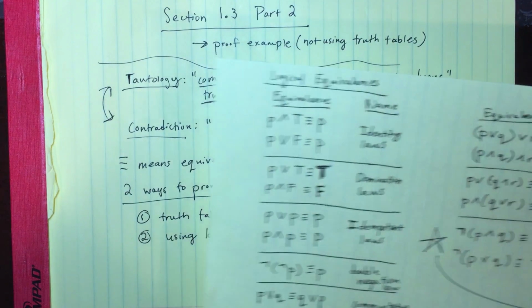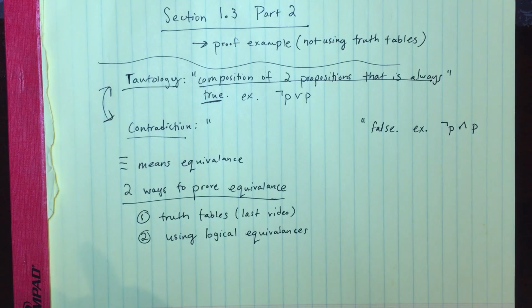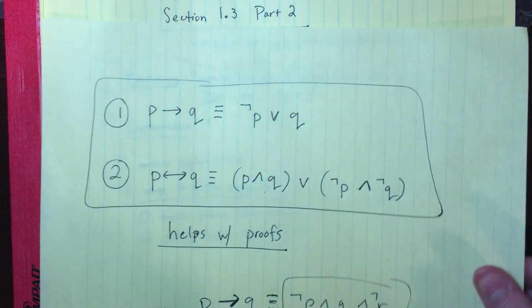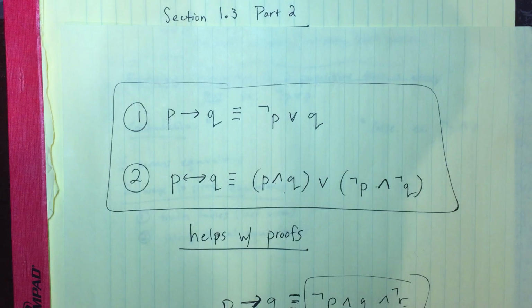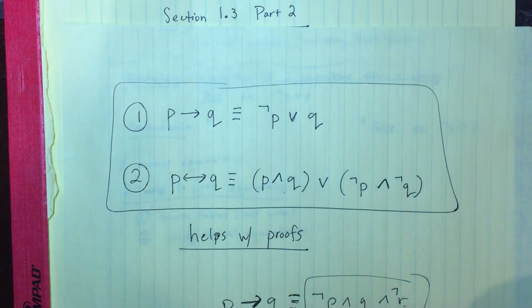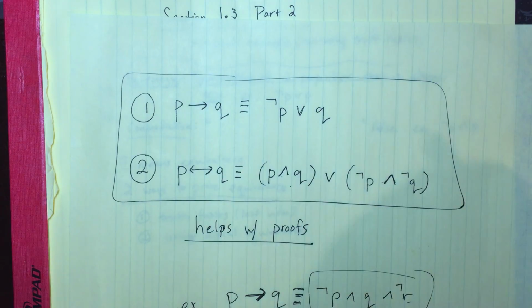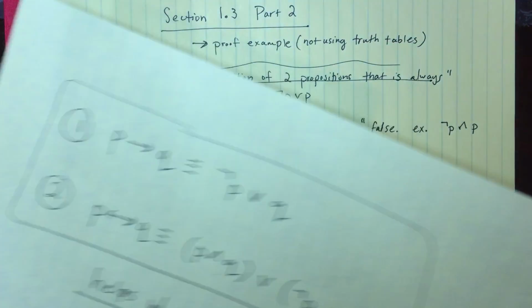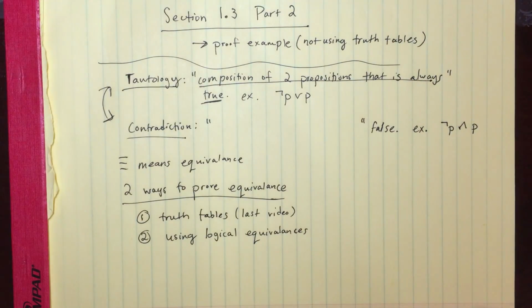So we're doing that type of example today. Also, there are two other logical equivalences you must know. We're not going to use them today, but in a majority of proofs that you're going to see on tests, you are going to use these. So make sure you memorize these. And the other ones, with more practice, it comes naturally.